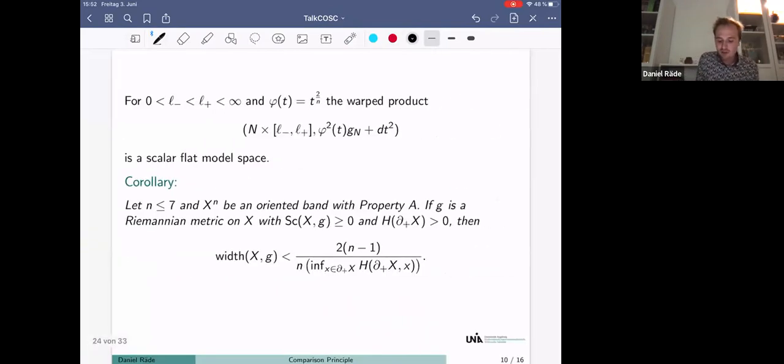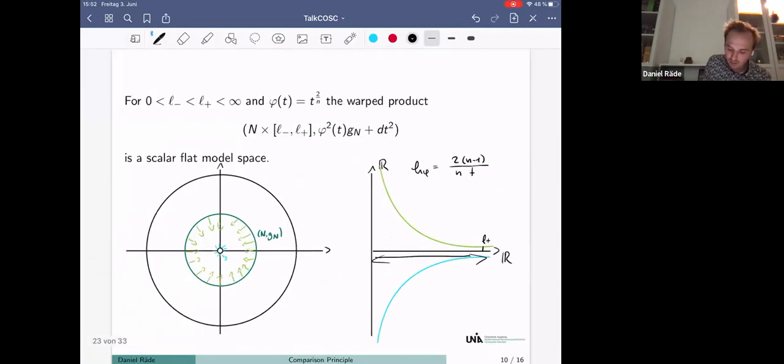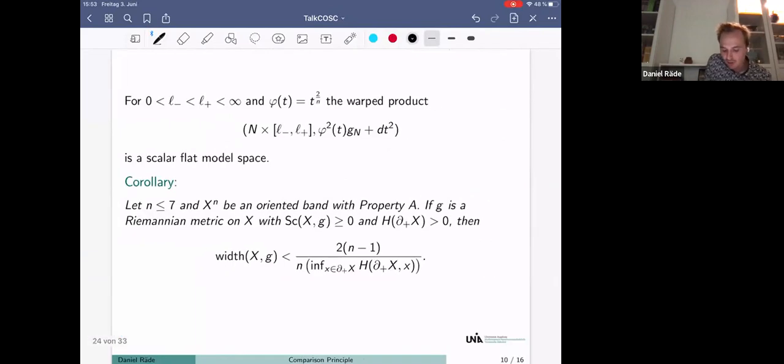And then you just have to calculate. You calculate this, and you have this H phi, and then this should be L plus. And then you put it on the other side, and what you get is that the width is bounded from above by this one. All right, so you get another width estimate, but you don't need positive scalar curvature. You just need non-negative scalar curvature and some positive mean curvature.